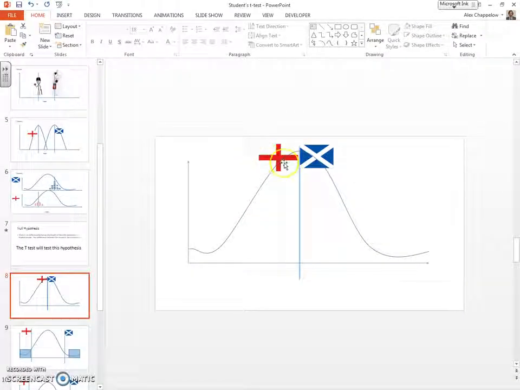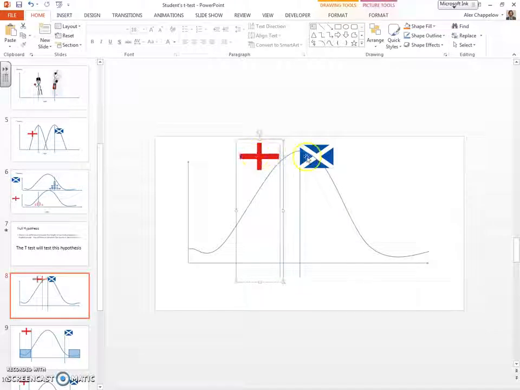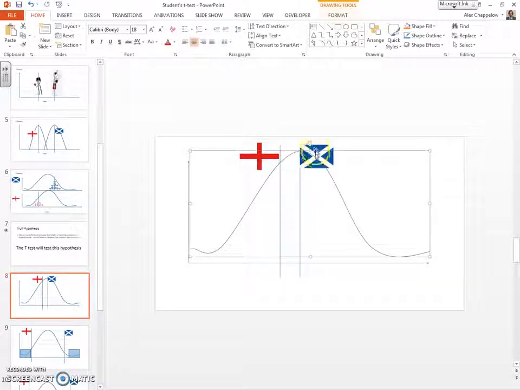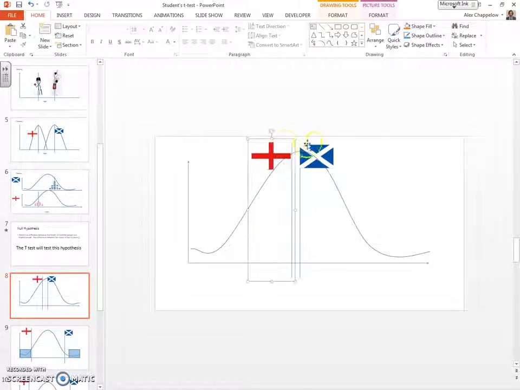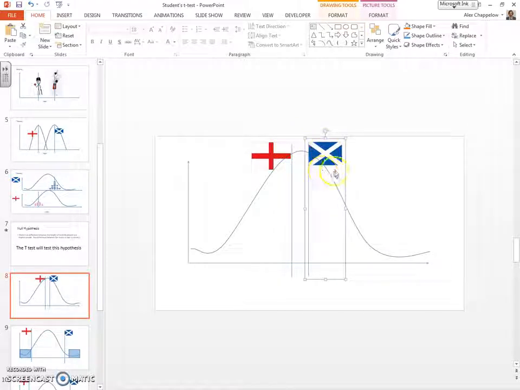So what the student's t-test lets us do is look at the probability of getting different means when we take two samples. In an ideal world, the English people and the Scottish people would return the same mean. But because we're doing a sample, it's not perfect, there may be a difference. Now, obviously, you can see that a very small difference like this is quite likely to occur.